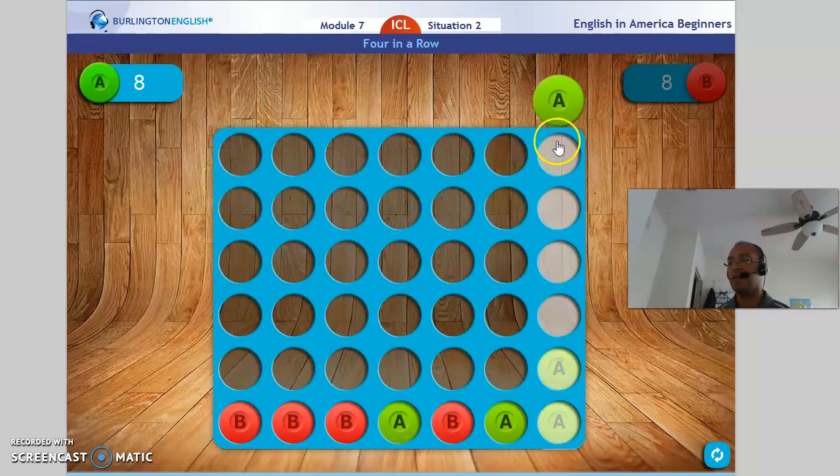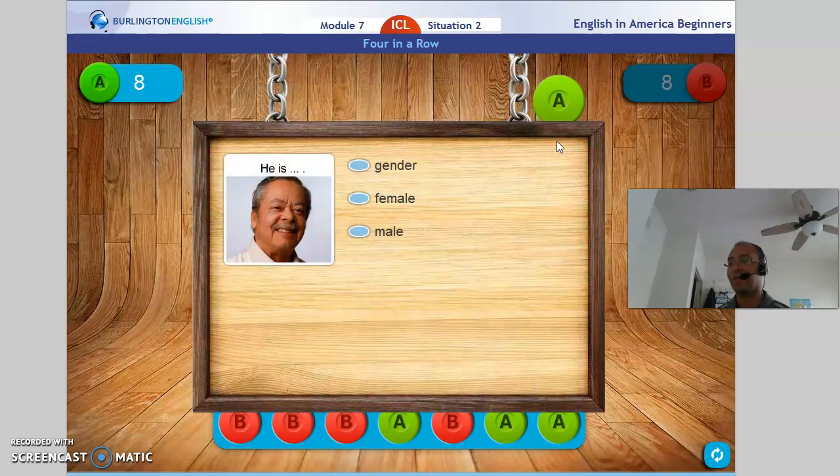Let's go to the first one. Is he gender, female, or male? Correct. Male. Gender refers to this, female or male.